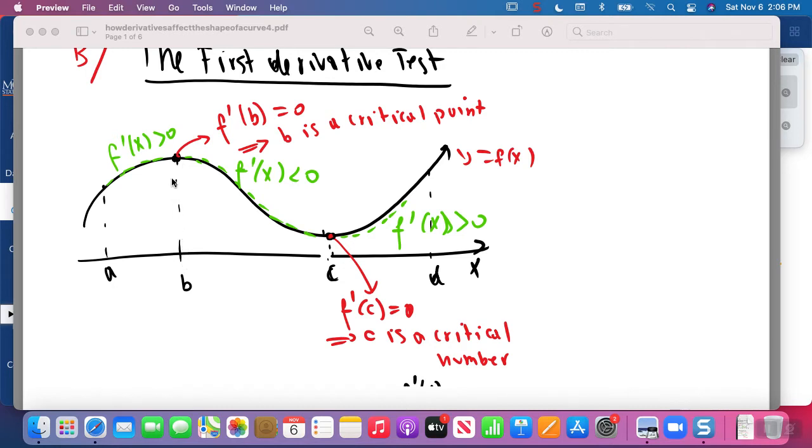So then we say that f of b is a local maximum value.